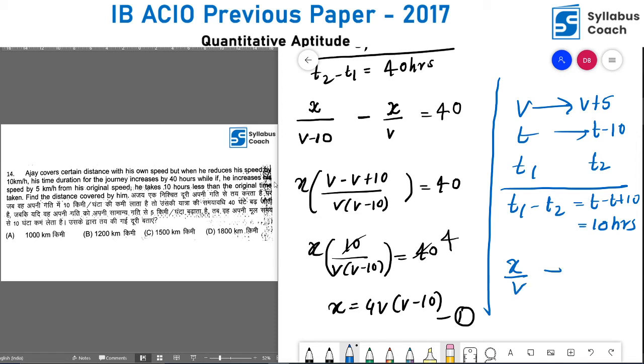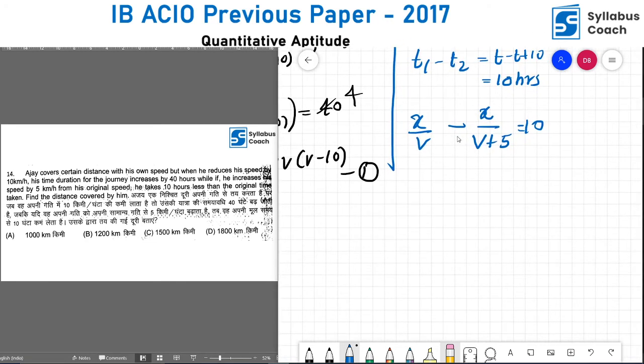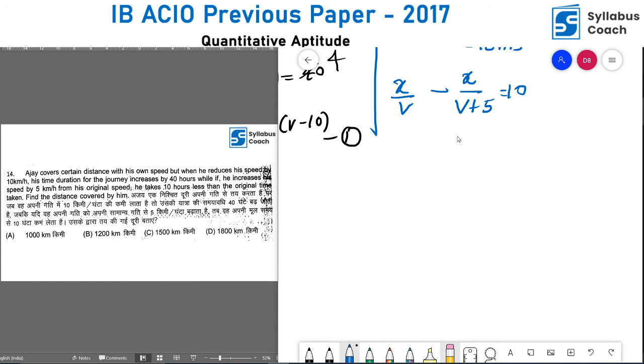But what is T2? It is x by v plus 5, and the difference is equal to 10. So now I would solve this, and after solving I get x is equal to 2v into v plus 5.